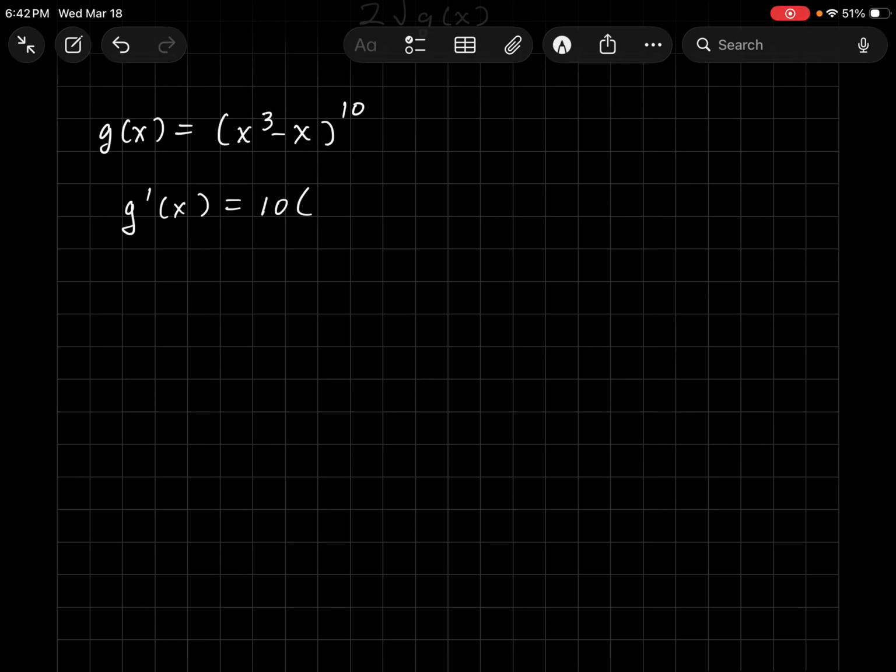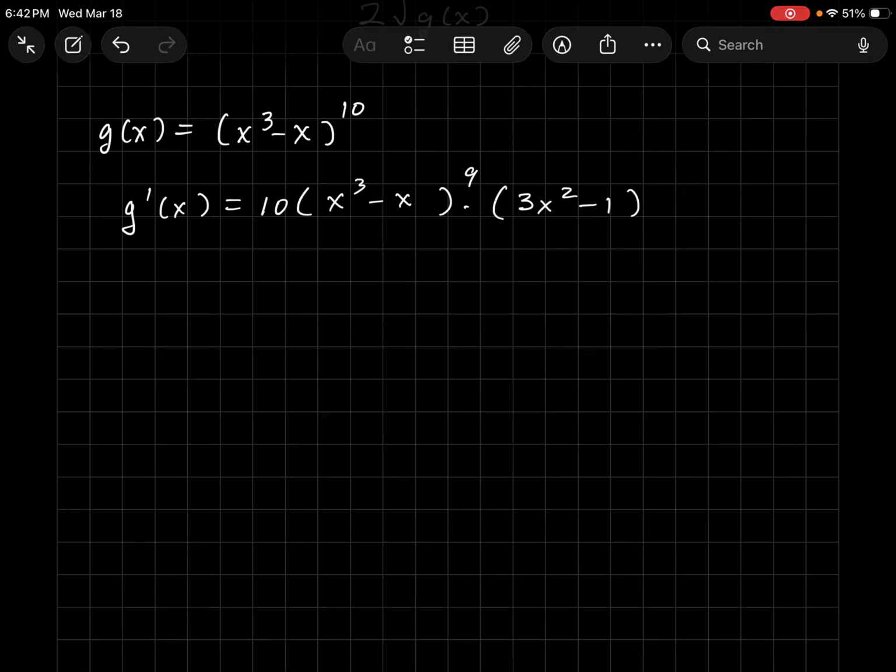So 10, subtract 1 to get the new power, leaving the inside part alone, times the derivative of the inside part. That's how we do the chain rule.